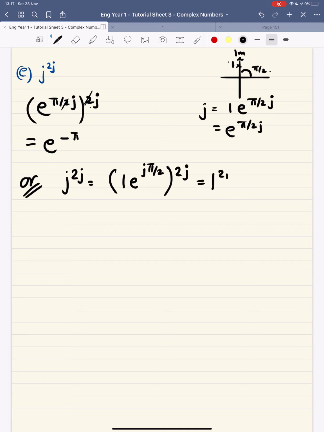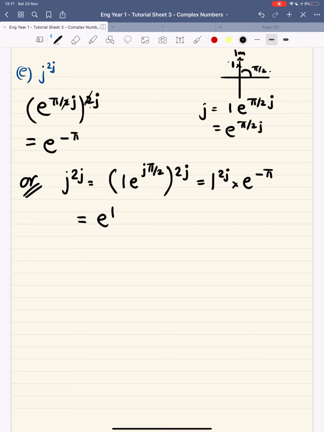So it's 1 to the power 2j times e^(-π). Well, e^(-π) is what we had there, but I've just done the 1 to the 2j and included that this time round.